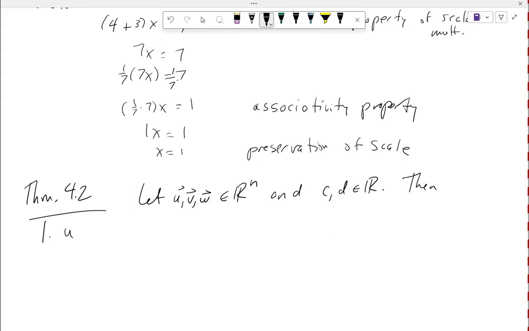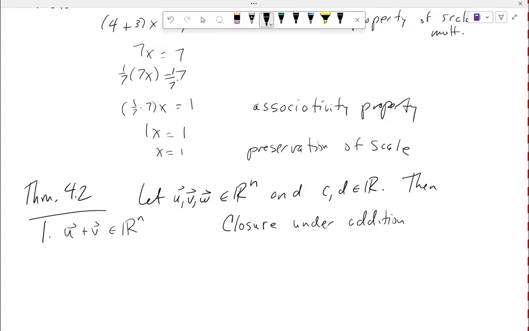The first one basically says that addition is well defined. We usually refer to this as closure under addition. By the way, these properties that we're gathering here for vectors in Rn are going to turn into our vector space axioms when we start treating things as abstract vectors rather than worrying about vectors in Rn.